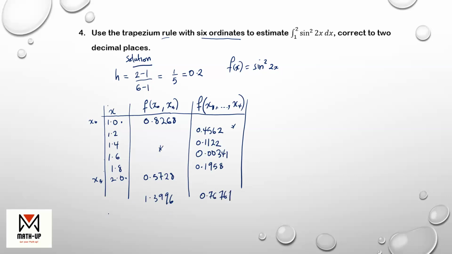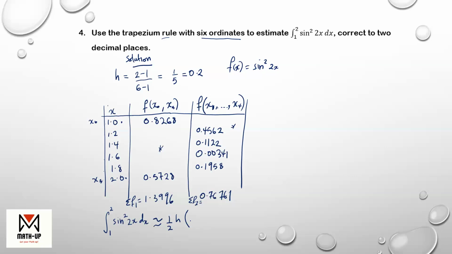The trapezium rule states that this integral from 1 to 2 of whatever function you have is approximately equal to 1/2 of the interval length times the summation of what you get from, let me call this summation f1, and let me call this summation f2. These are not the standard F1 and F2, but I want you to get the meaning.